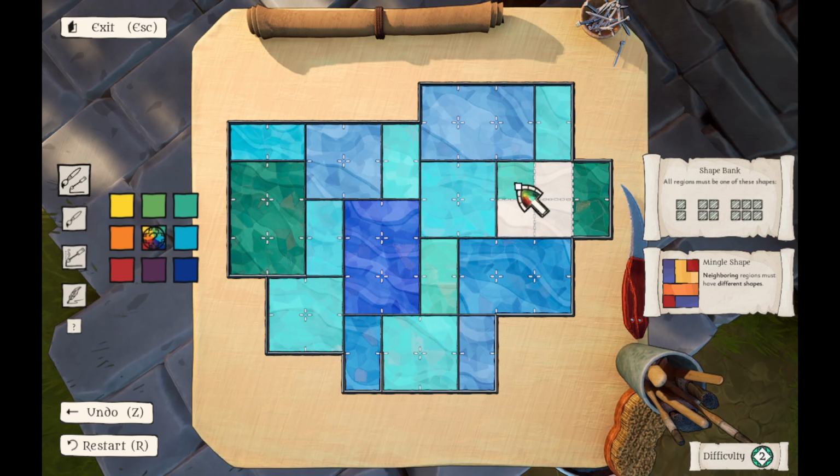And that touches everything but a square, so it has to be a square. That touches both of those, so it has to be a 2 by 3.